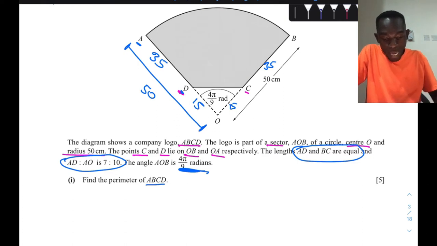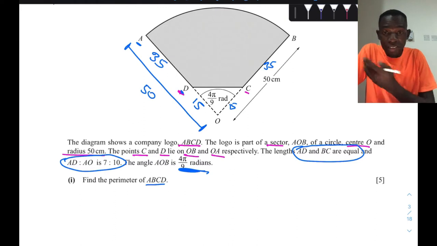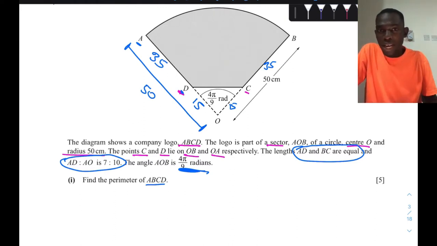We know AD, we know BC. We can find DC by using the cosine rule, and then we will use the formula for arc length to find the arc length AB. Then we can add them up and we are done. You see, analysis. This is all that you have to do. So take your time in the exam room and analyze.